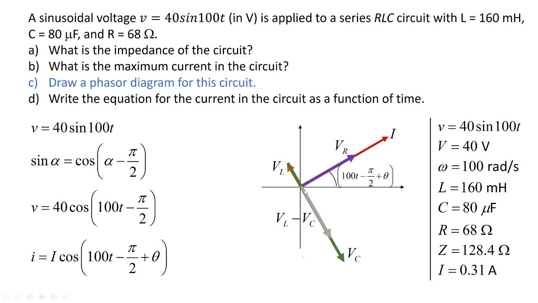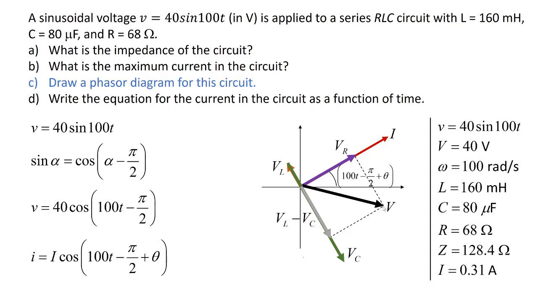Now we have to add this gray phasor to the purple phasor for the voltage across the resistance. We use the parallelogram theorem. We draw a parallelogram with two sides parallel to the two phasors. The resultant of the two phasors will be the voltage across the entire circuit, and it is the diagonal that starts from the tail of both vectors that you add up and ends at the opposite corner of the parallelogram.